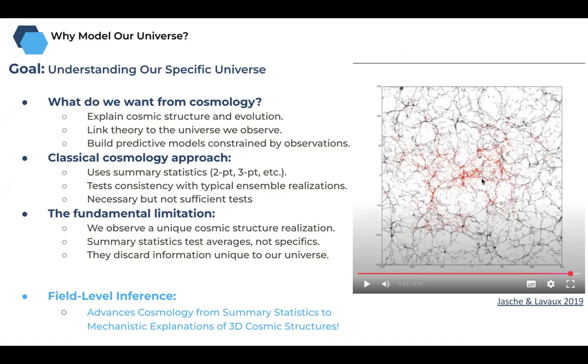It advances cosmology from pure summary statistics, giving an average understanding of the universe, to a mechanistic explanation of 3D cosmic structures. We now want to have the full dynamic formation history of cosmic structures that explain the actual observations, ideally object by object. And throughout this presentation, I will show you how far we have come with this approach, and that it enables a lot of interesting things that can be done in the future.